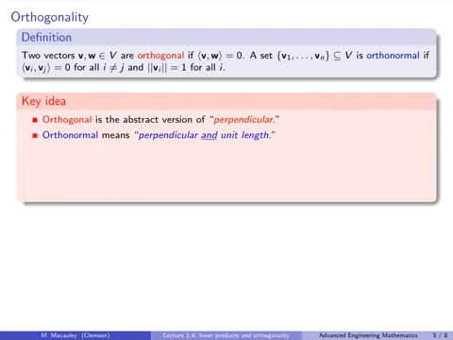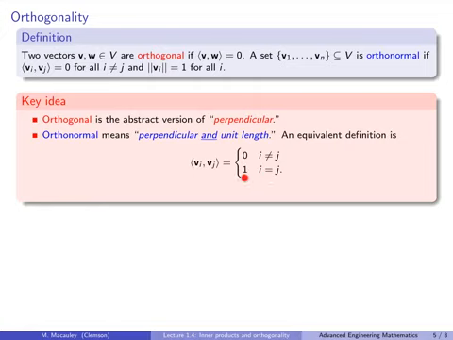Next, orthonormal means perpendicular and unit length. An equivalent definition of the one above, which says they are pairwise perpendicular or orthogonal and each have unit length, is the following very concise definition. If you take the inner product of any vi with any vj, you get 0 if i and j are different, and you get 1 if i and j are the same.